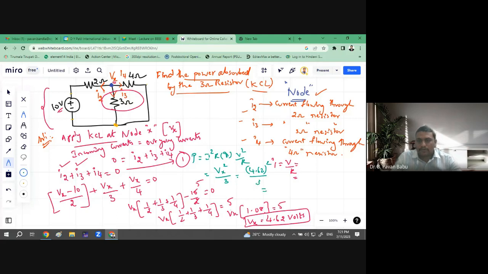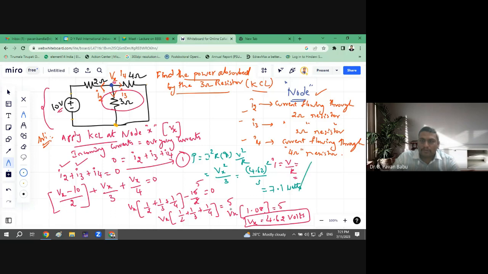Let me check the answer. 4.62 whole square divided by 3. It is showing as 7.1 watts.